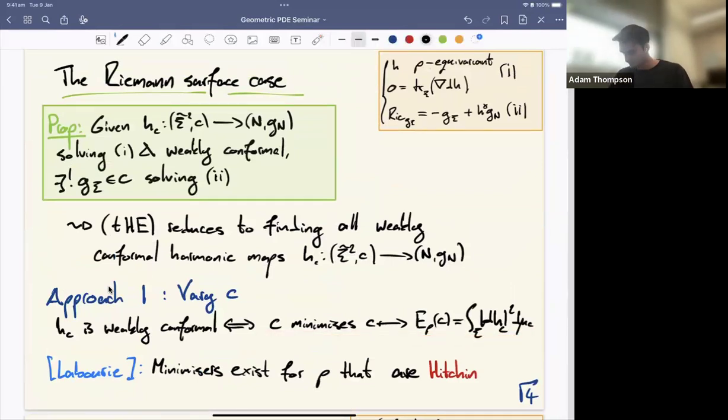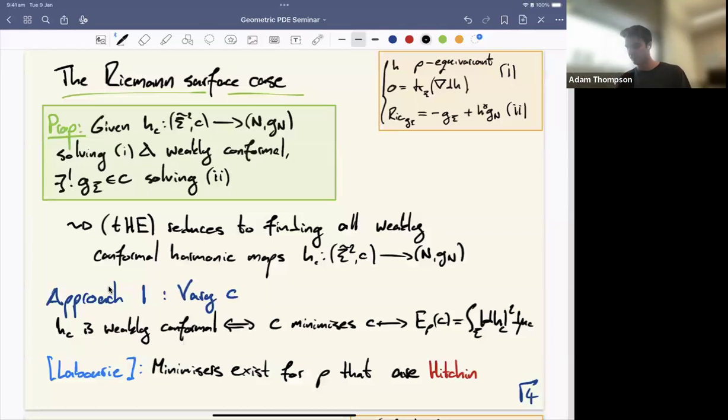So this functional here, what I've done is I've taken the energy that I said define harmonic maps, but now I'm viewing it as a functional on the conformal structure. So as I vary the conformal structure, I always get a unique harmonic map out.